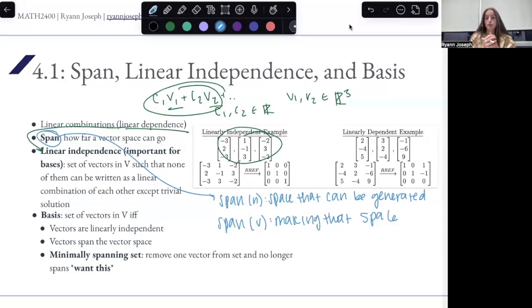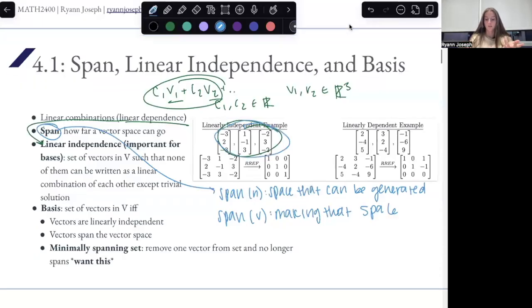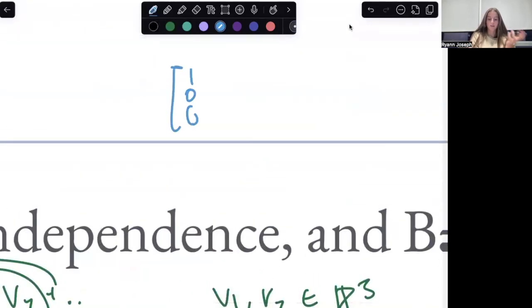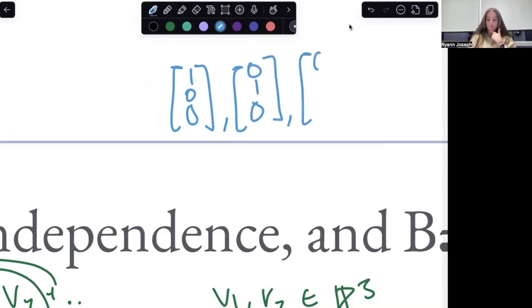And then as a verb, it's that certain vectors span R3. Like in this example, these vectors span R3 because they can make every single vector in R3. Getting ahead of myself, but more common is the standard basis for R3.